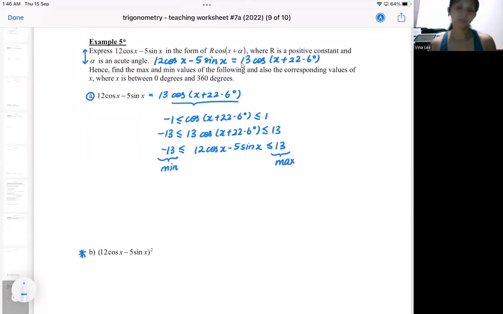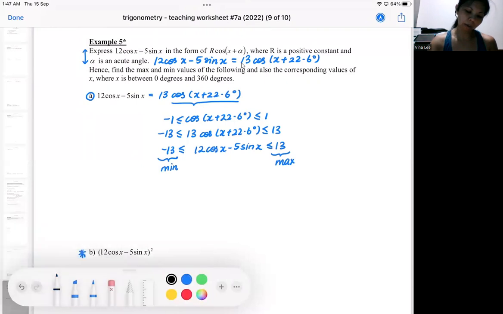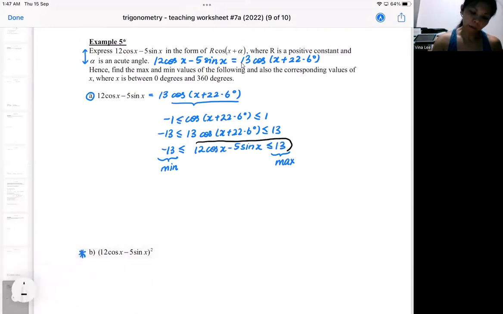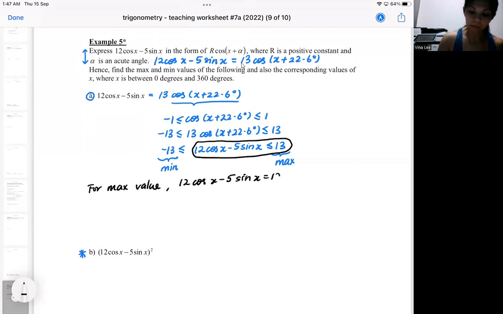If you want to find the corresponding x, you are going to set this to 13. So for the maximum value, you set the function to 13. And then you do the typical step.